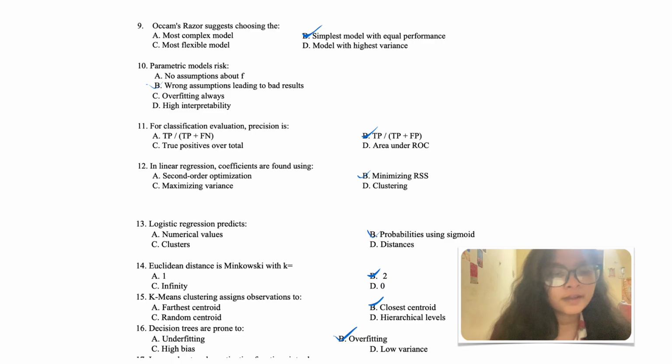For question 11, for classification evaluation, precision is TP divided by TP plus FP, which is the measure of correct positives out of all the positives predicted. How much we are correct here. In linear regression, coefficients are found by minimizing RSS.